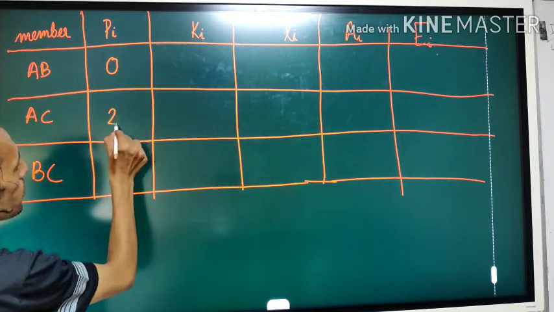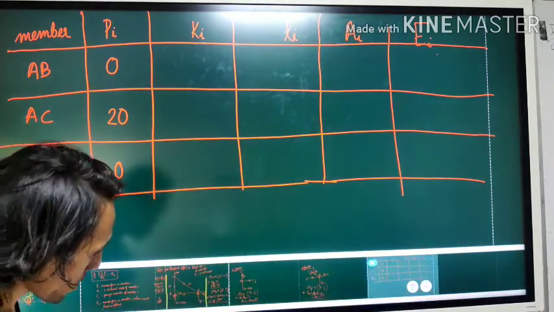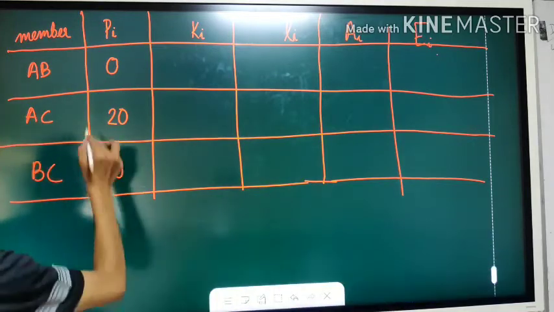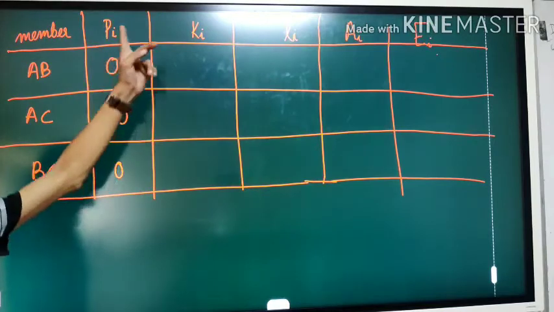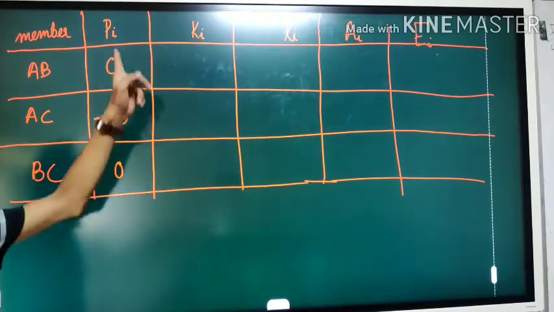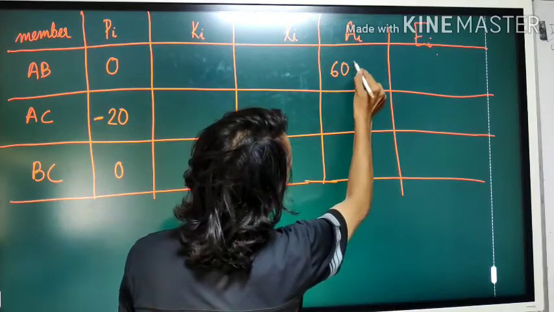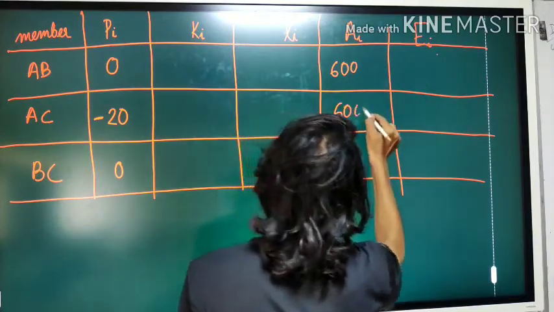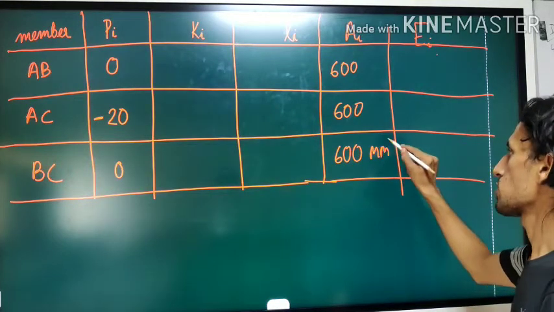It was 20. Let me check again. So it was minus 20. So we have calculated all the values of P i. Let me write this value also. This value was 600, 600, 600. The unit was mm square.